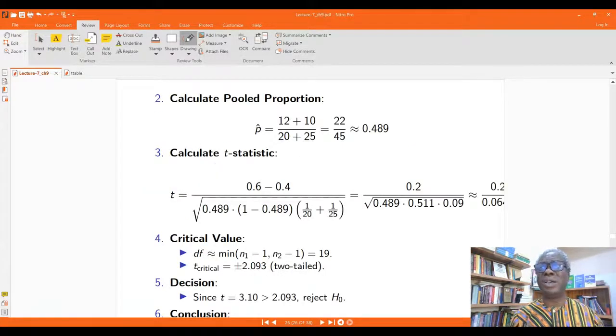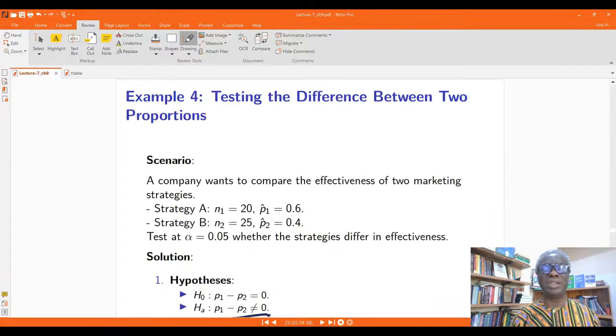So we have to compute the pooled proportion. X1, which represents the number of successes, is 0.6 times 20, and X2 is 0.4 times 25.